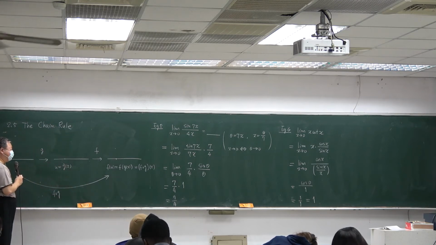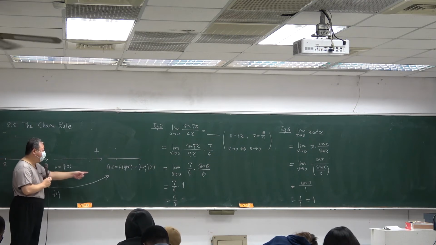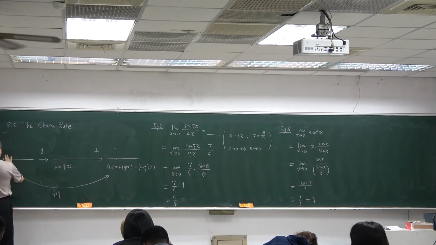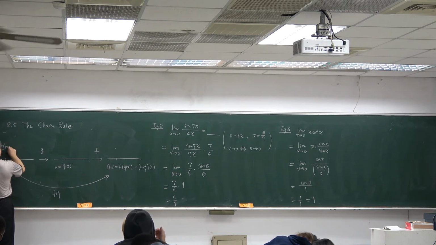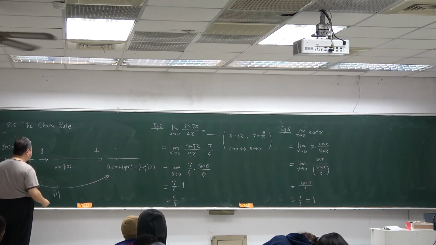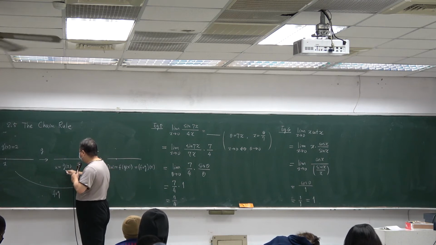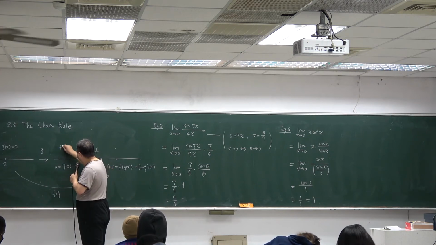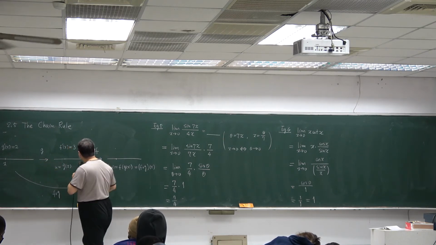For convenience sake, 1, 10, 100. Suppose g is differentiable at the number 1 and g prime of x, for example, equals 2. And suppose f is differentiable at the number 10, and the derivative equals 3.